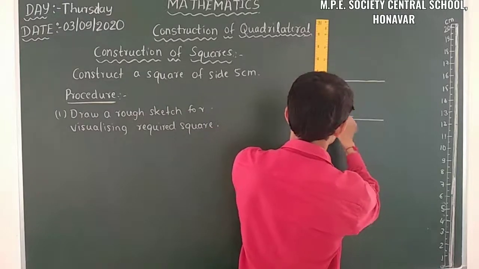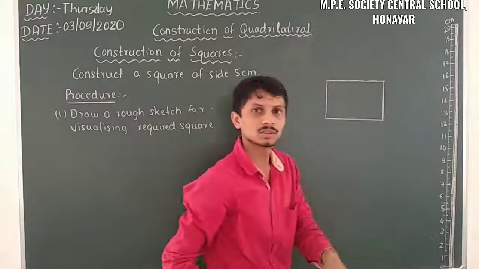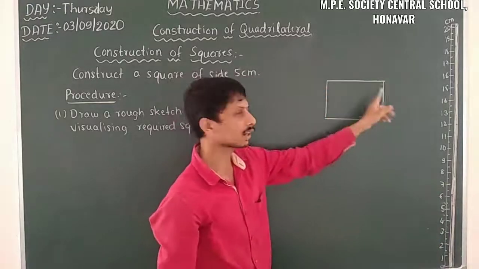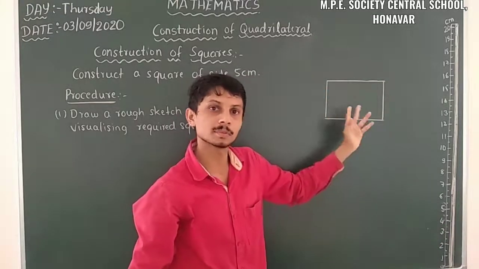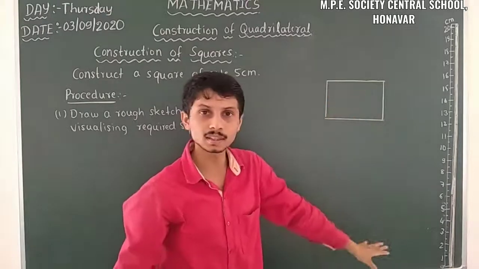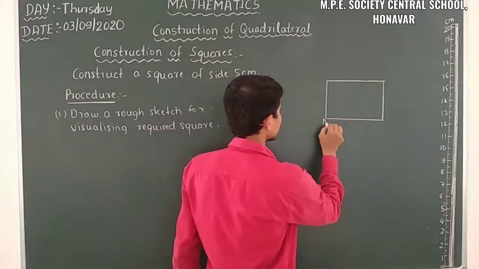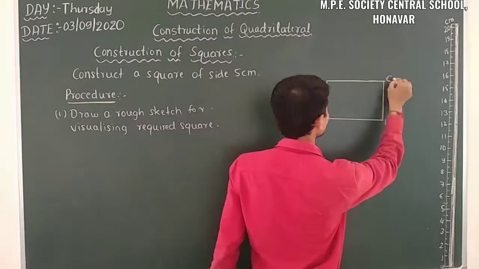When it is a square, all the angles are equal, so I write 90 degree, and all the sides are equal. It is a rough sketch. Here I will take A, B, C, D.